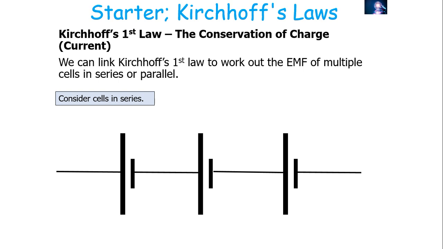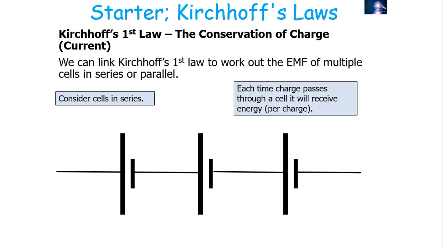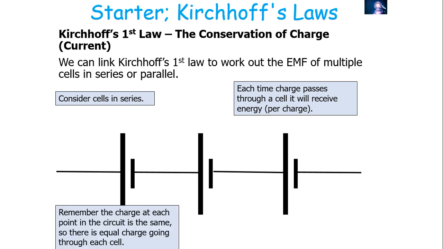Now, we can link Kirchhoff's first law to actually work out the EMF of multiple cells in series or parallel. Because if you consider a cell in series, each time a charge, such as an electron, but any charge carrier, passes through a cell, it will receive an EMF, an energy per charge. Now remember, the charge at each point in this particular circuit, because it's one loop, because it's a series circuit, is the same. So there's an equal charge going through each cell.